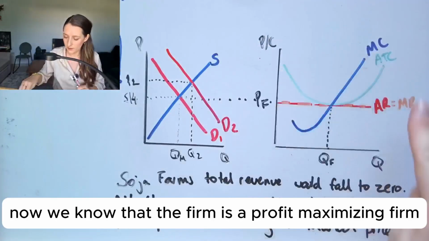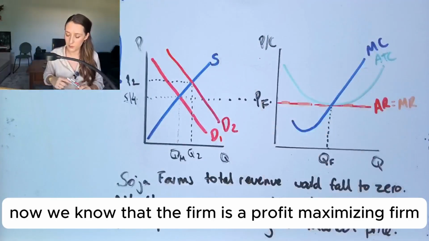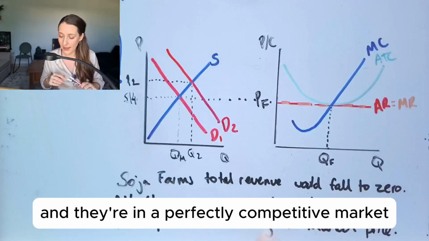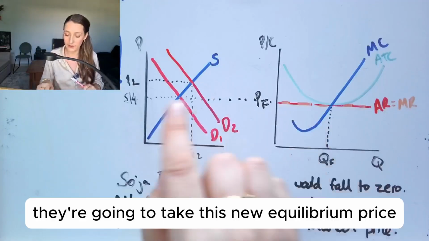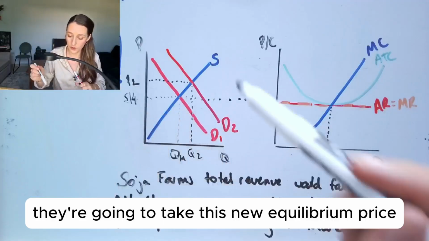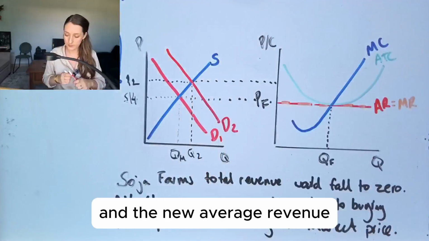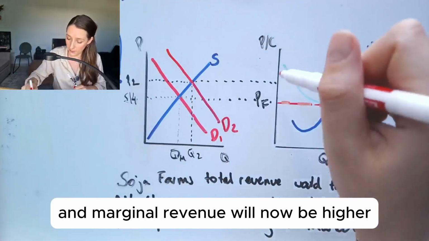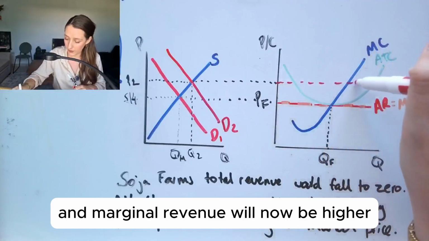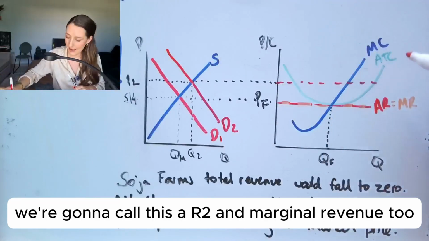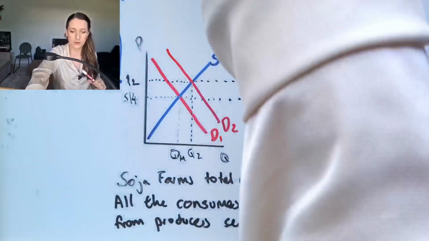Now, we know the firm is a profit maximizing firm, and they're in a perfectly competitive market. And so they're going to take this new equilibrium price. So we can track across, and the new average revenue, marginal revenue, will now be higher. We're going to call this AR2 and marginal revenue 2.